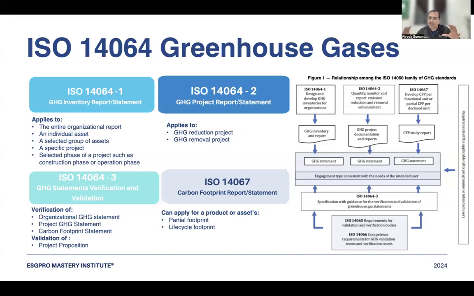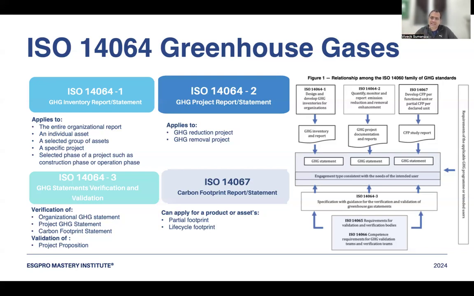And this whole thing gets governed by 14065, which is a requirement for validation companies. So if I am a validating or auditing company, our governance is written in 14065 and 14066, which covers the competence requirements. So KPIs are set there on what I should judge on, like audit standards.